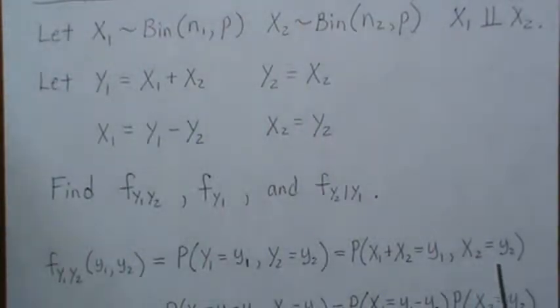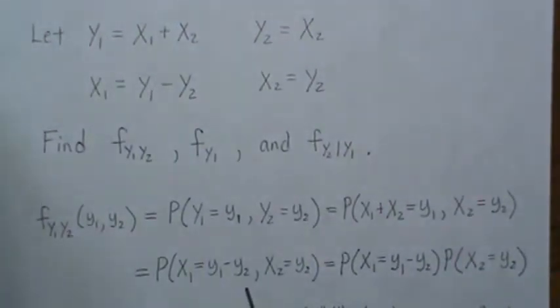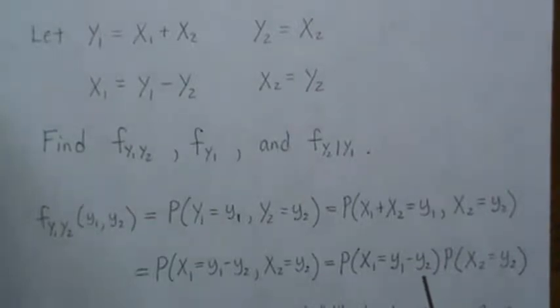And the reason I stress it like that, it's the "and", because if X2 is y2, that says that this one has to be y2, and we could subtract it to the other side, and that's what we do here. Well, now this becomes a probability in terms of X1 and X2, and they're independent, so we can break this up into the product of their marginals. And we know the distribution of X1 and X2, they're binomial.